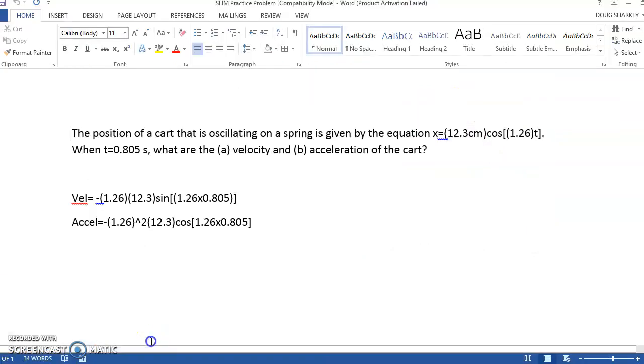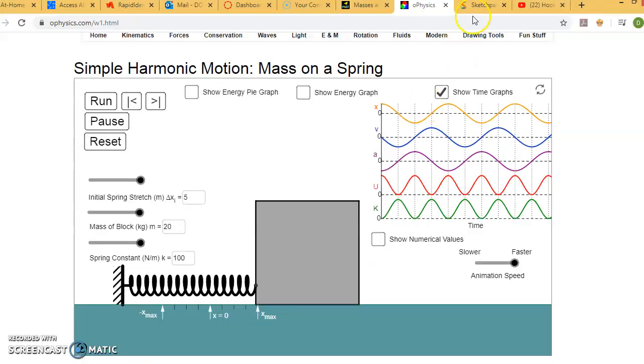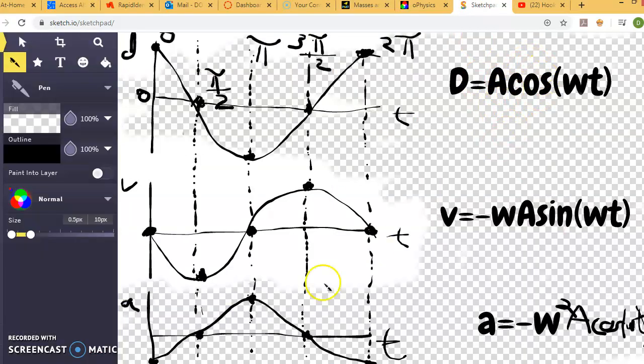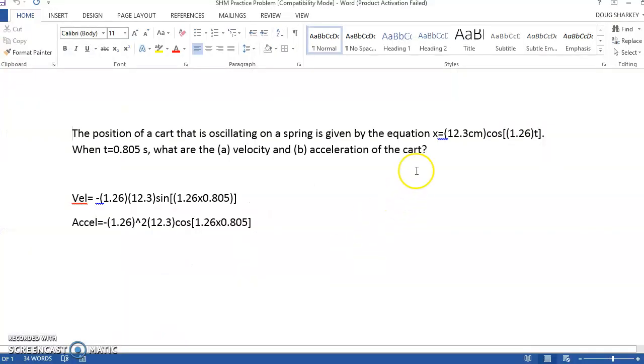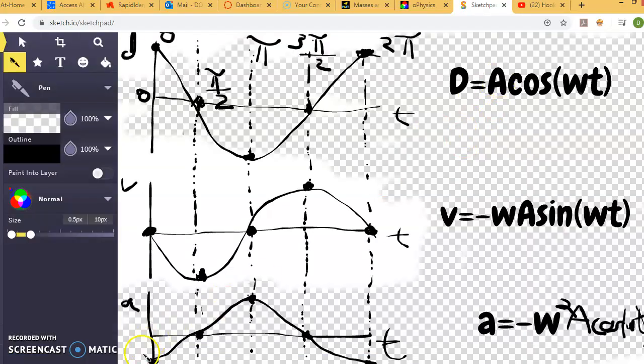Okay. And so they give you this equation. This is our displacement equation, right? Because it's cosine. X is our displacement, so this in here is omega t, which would make this our A, right?